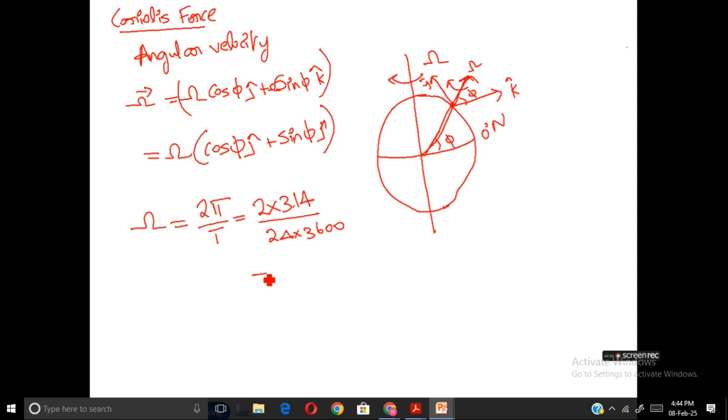Angular velocity is given by 2 pi by T, right? 2 pi is how much it covers in one rotation, and T is the time it takes to complete one rotation.